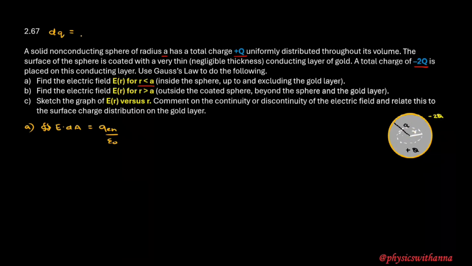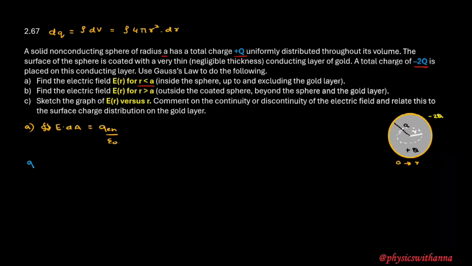So I can write dq as rho times dv, where rho is the charge density of the sphere and dv is the differential volume. So we write this as rho times surface area 4 pi r squared into dr, because volume can be written as area into the length. The length or the radius of the sphere is changing as you go away from the center, so we keep it as dr. I can find the total charge by integrating dq from 0 to the point r.